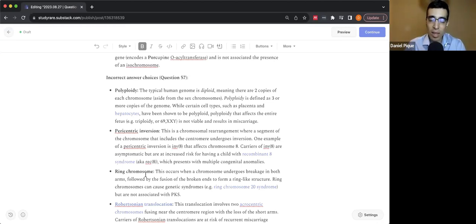So this is an inversion that involves the centromere of chromosome 8, and individuals who are carriers are usually asymptomatic, as is the case with most inversions, but they can be at increased risk for having a child with recombinant 8 syndrome.